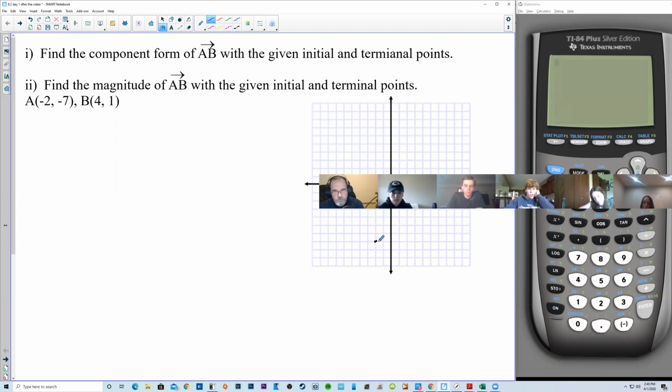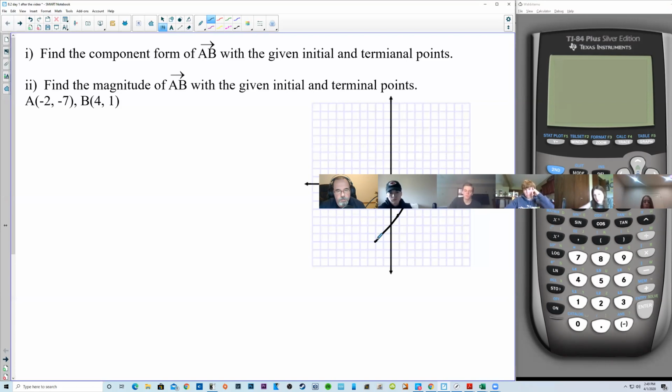So here is vector AB. Find the component form. Vectors don't have location. So this vector is the same vector if we move the tail to (0, 0).